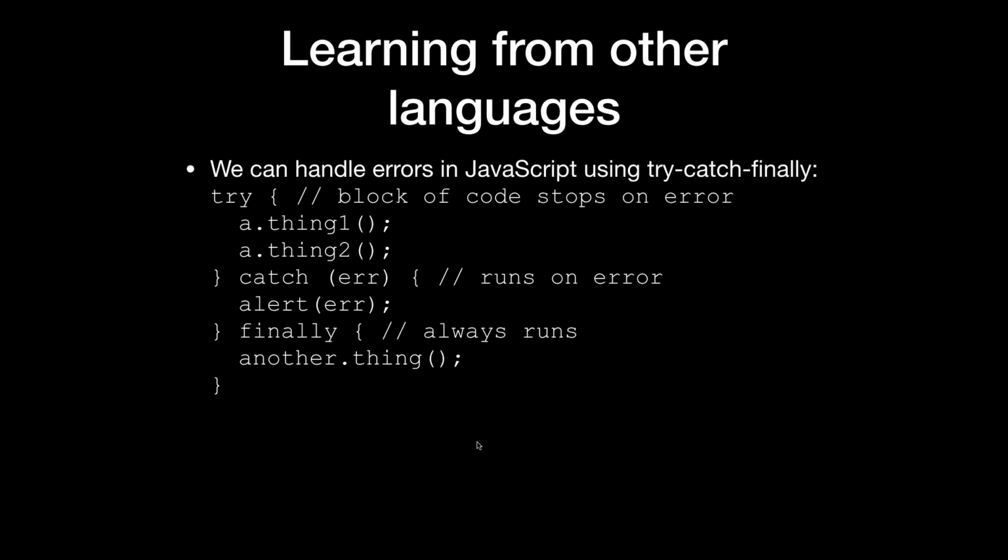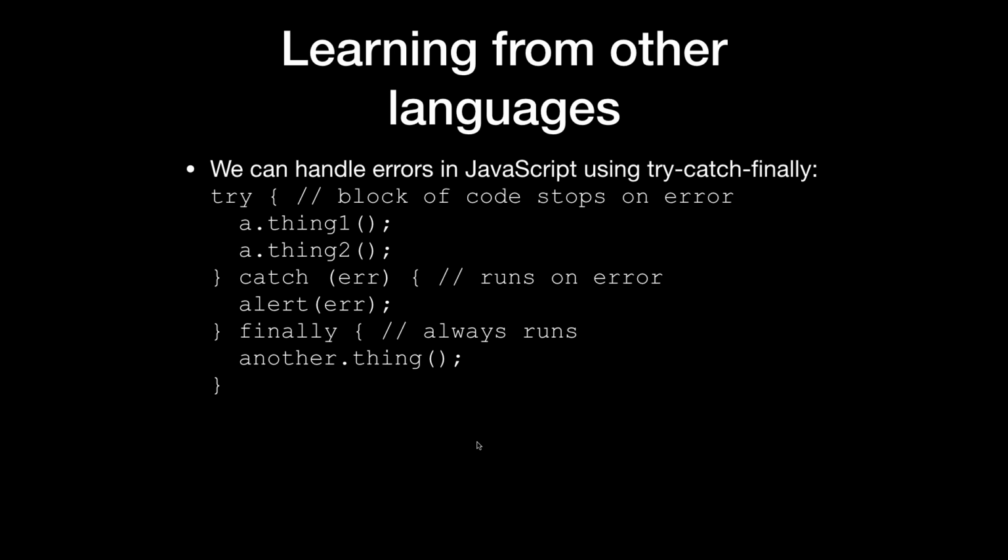We can learn from other languages because a lot of them have been around forever. They have a huge user base, and they're open source, so they just have a higher volume of people thinking about this stuff. What I wanted to highlight here, because it'll come up in the implementation, is that we can handle errors in JavaScript using try, catch, finally.